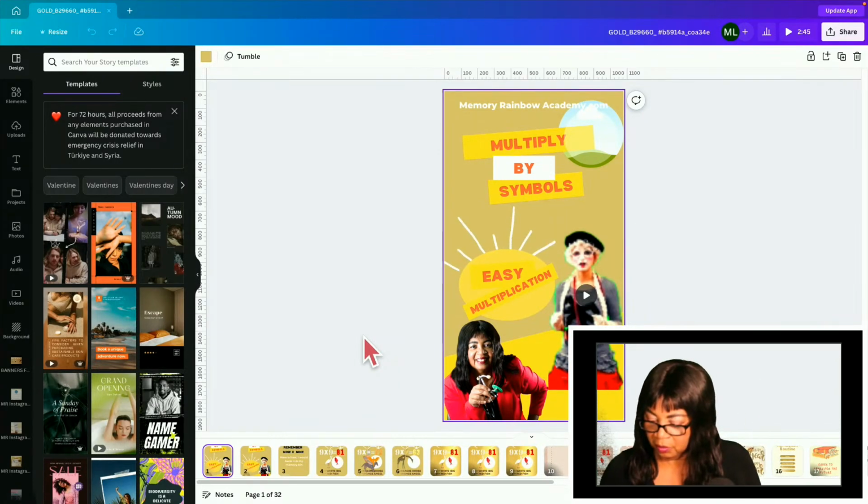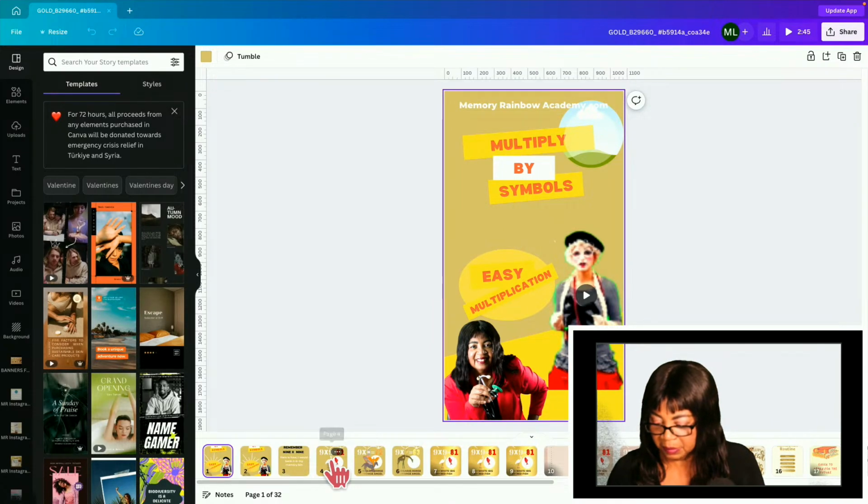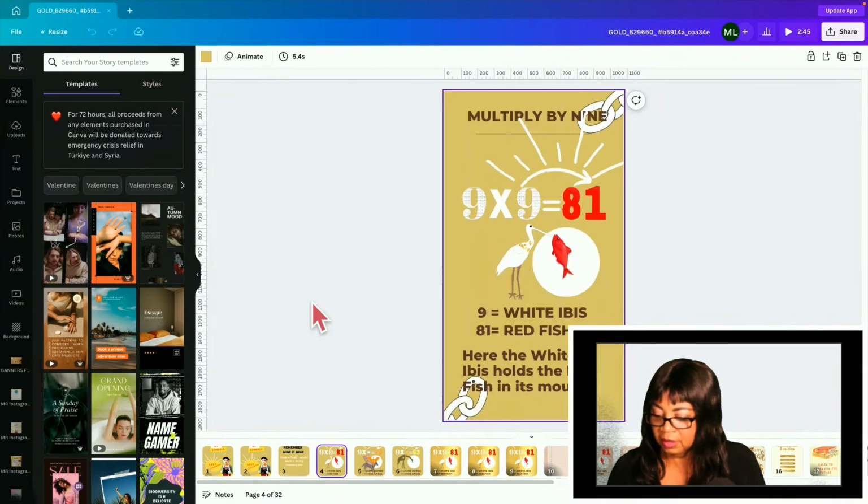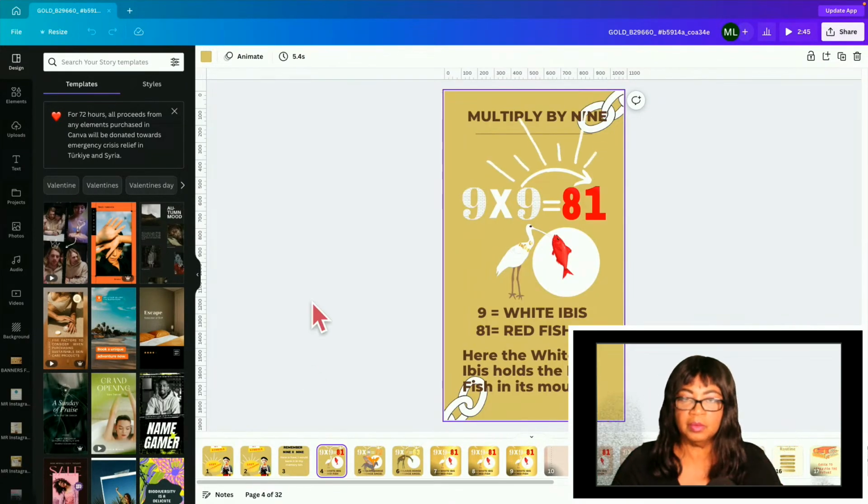Okay. So, one of the things that I did to make it really easy to remember multiplication is to use the symbols, animals, power heroes. This is something that I invented that came to me, and it had to do with using the rainbow.